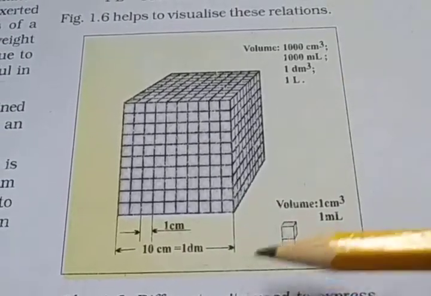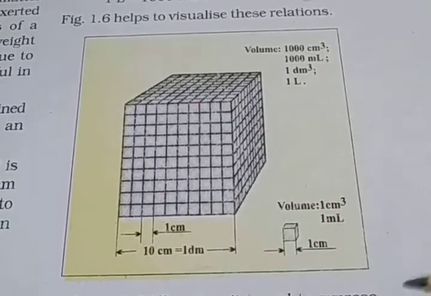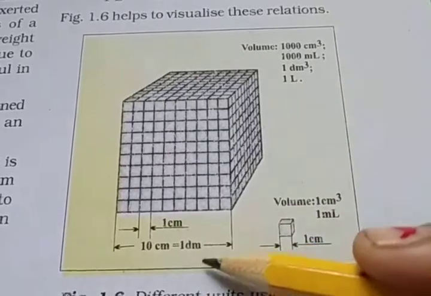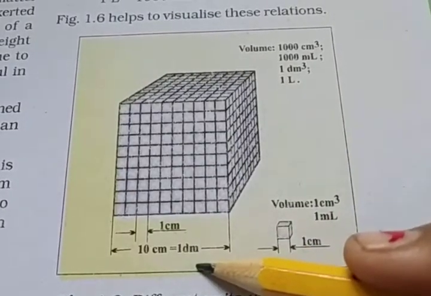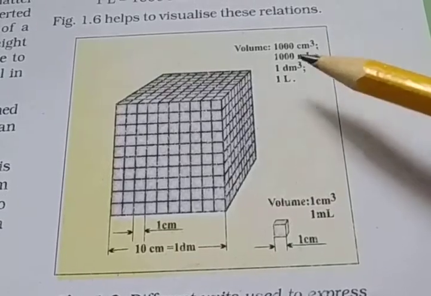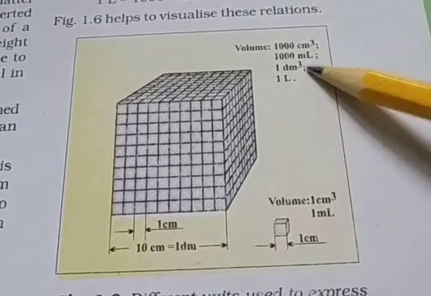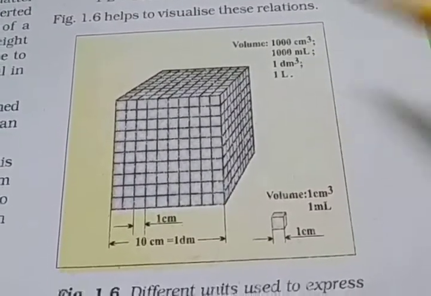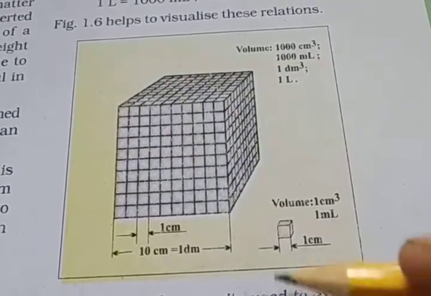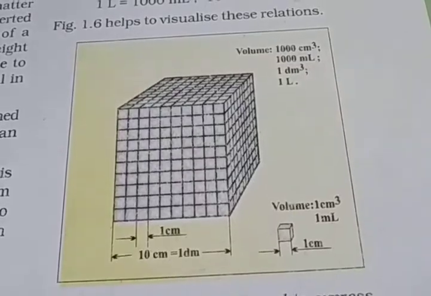So 1000 centimeter cube is equal to 1 decimeter cube. So 1 liter is equal to 1000 ml. Clear? And 1 centimeter cube is equal to 1 ml.